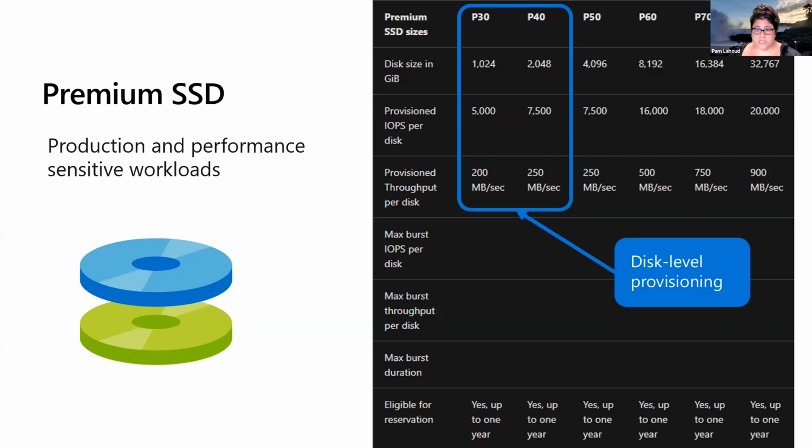So this is the sweet spot usually for premium SSD, P30s and P40s. You can go higher if you need to, especially for your log drives, because we're going to tell you to set host caching to none for your transaction log drives. But we generally recommend P30s and P40s for most of your data files.